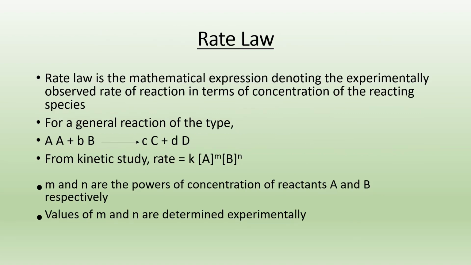Next we can see the rate law expression. Rate law is a mathematical expression denoting the experimentally observed rate of a reaction in terms of concentration of the reactant species. So this is an experimentally derived expression, and for a general reaction of the type aA + bB giving cC + dD, we can write the rate of reaction.